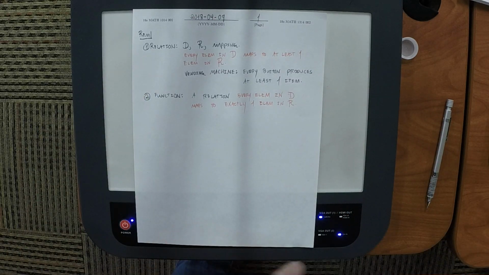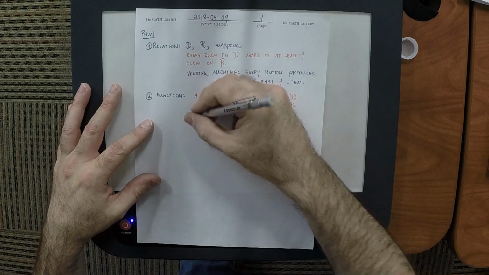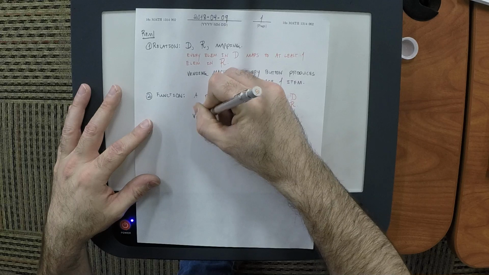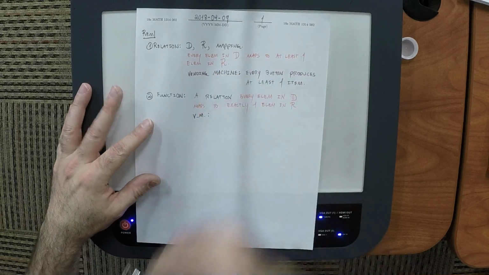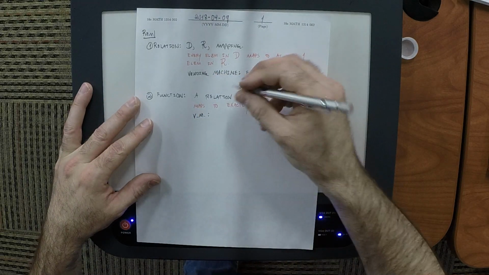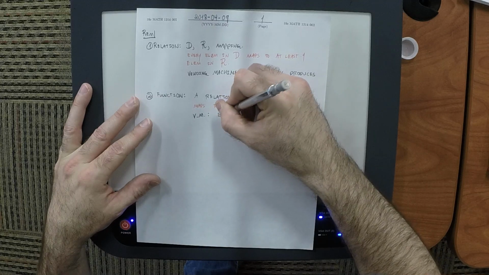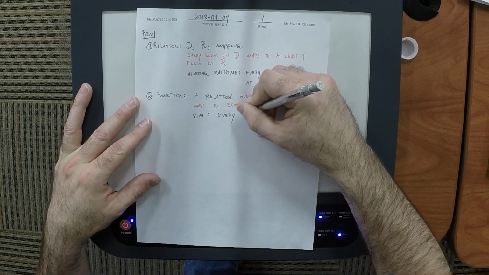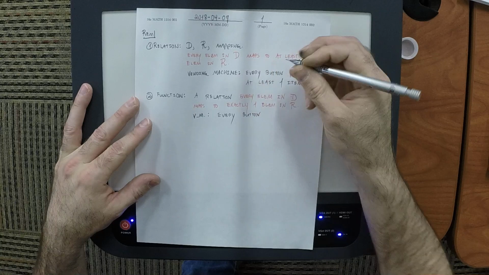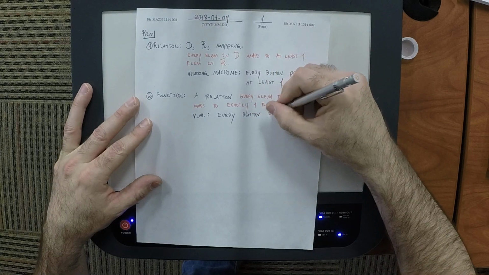So to make the vending machine analogy again, this is the kind of vending machine where every button produces one item.